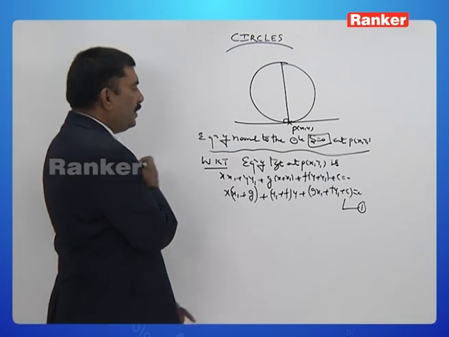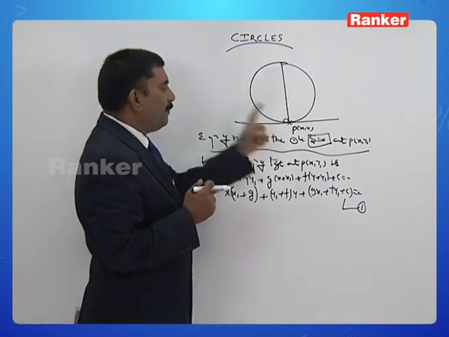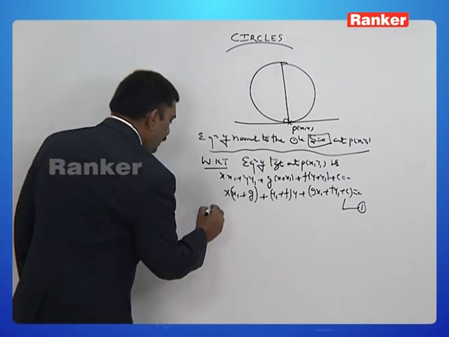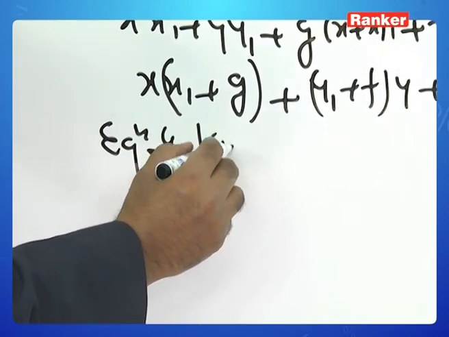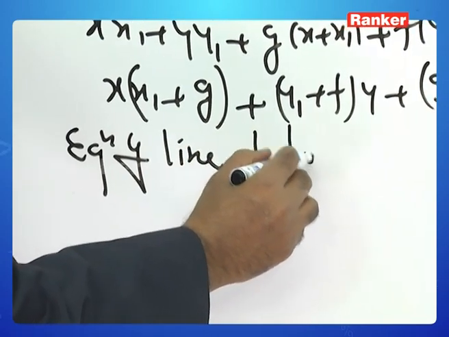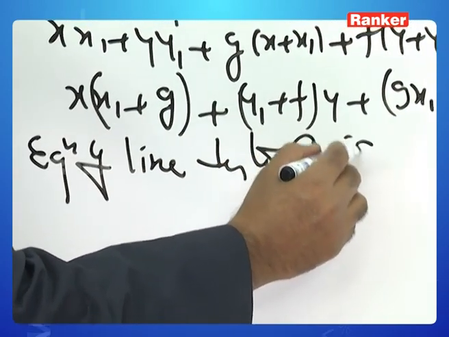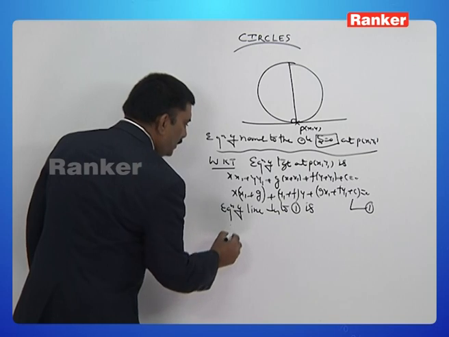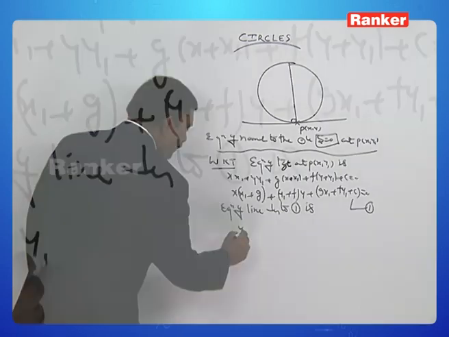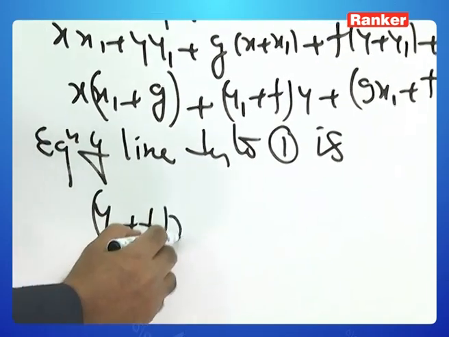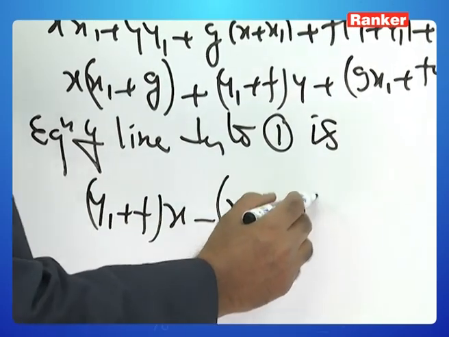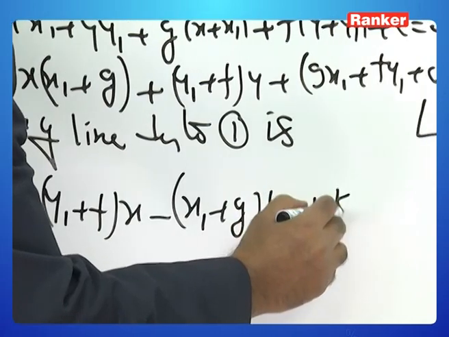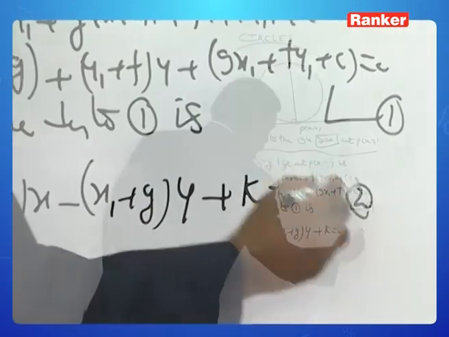As I told, normal is a line perpendicular to the tangent. Now the equation of a line perpendicular to 1 is y1 plus f into x minus x1 plus g into y plus k is equal to 0.